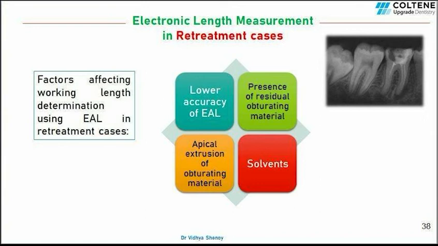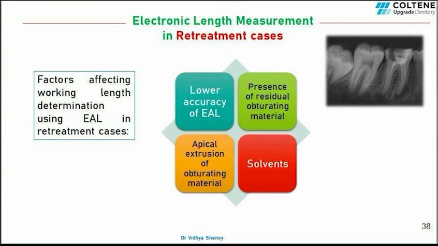This is because the presence of residual obturating material gives inaccurate readings of apex locator, and apex locator can sometimes cause overestimation of working length in retreatment cases. This is because of the apical extrusion of debris or the obturating material, which can cause poor conductivity. Again, the presence of solvents which we have used for guttapacha removal can adversely affect the accuracy of apex locators.